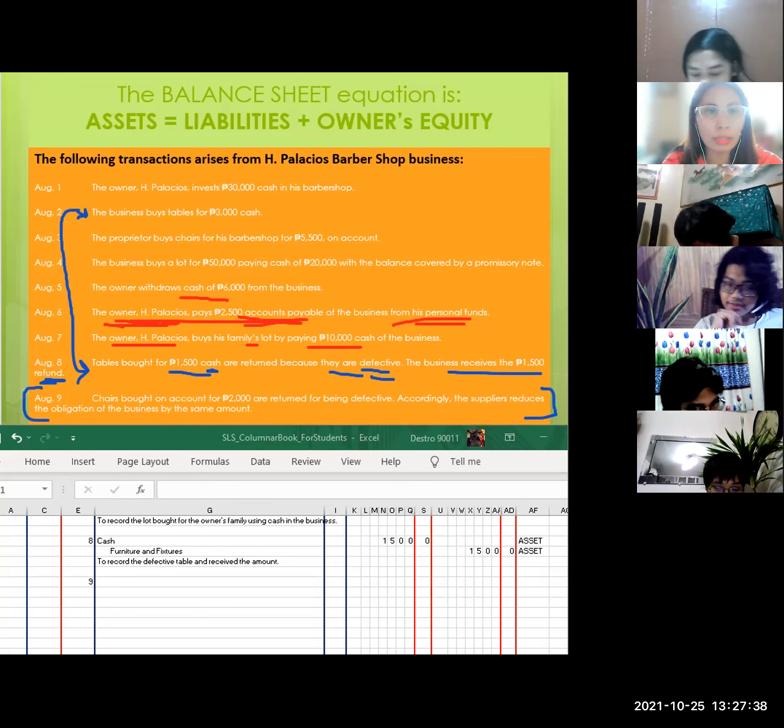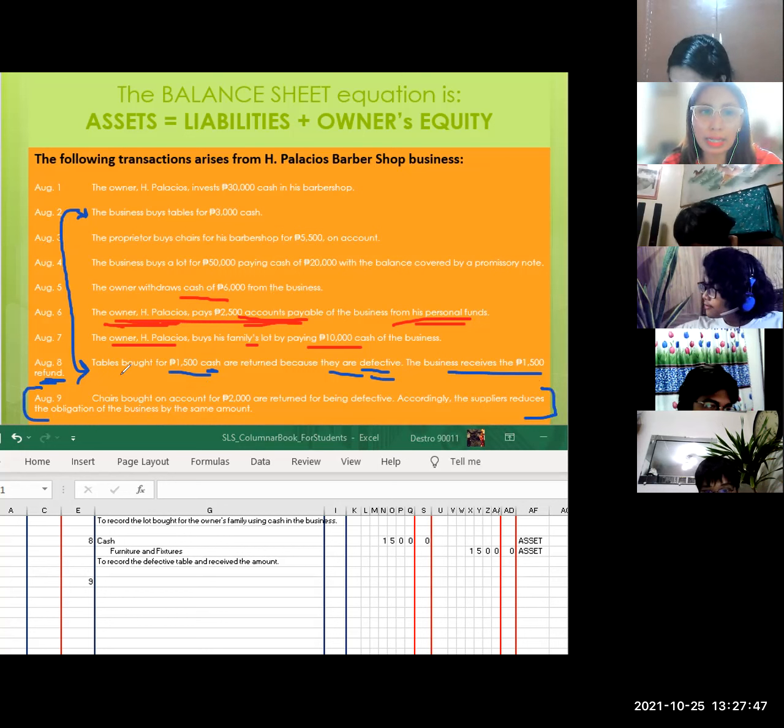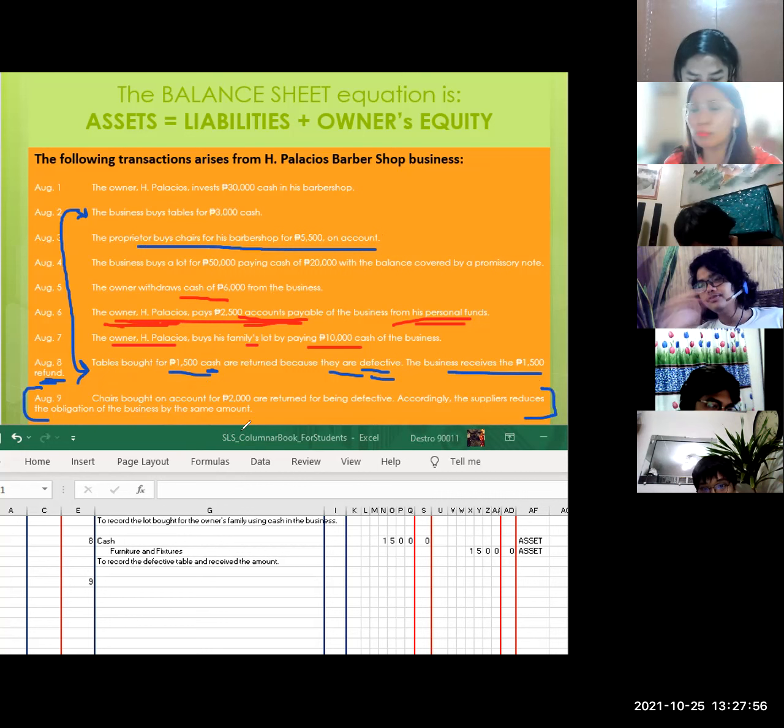Okay. So let's analyze August 9 transaction. On August 9, the shares bought on account, ito po yun. The shares bought on account for 2,000 pesos are returned for being defective. So yung table, defective, yung share din on August 9 ay defective.